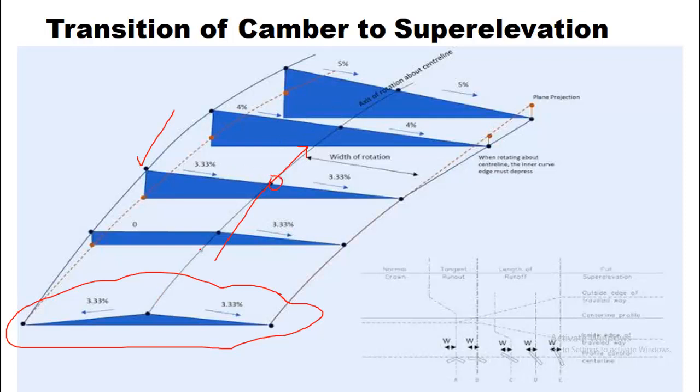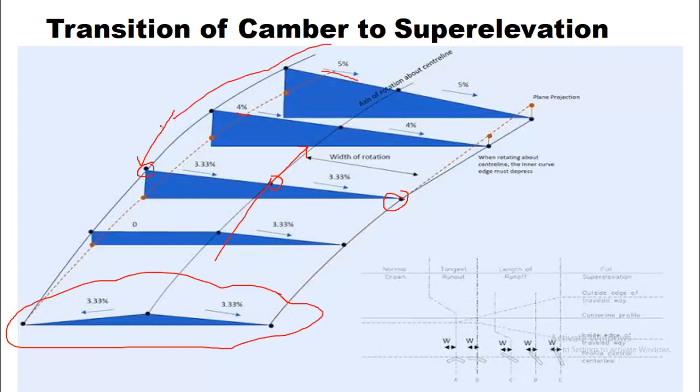And as you proceed, you can see the slope is increasing. Here it is 3.3%, and this portion is 3.3% lower than the center, and this portion is 3.3% higher than the center level. Then the slope has increased to 4%, then to 5%.